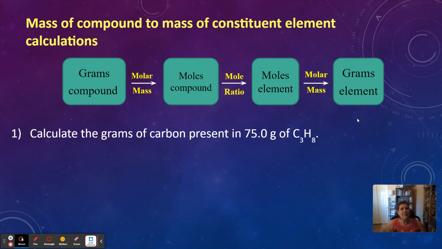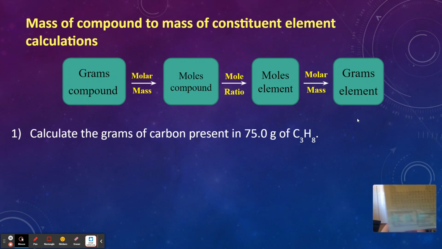All right, let's look at our first question. Number 1, calculate the grams of carbon present in 75.0 grams of C3H8. Start with what you're given, 75.0 grams of C3H8. Now we need the molar mass, so grab your calculator and your periodic table.